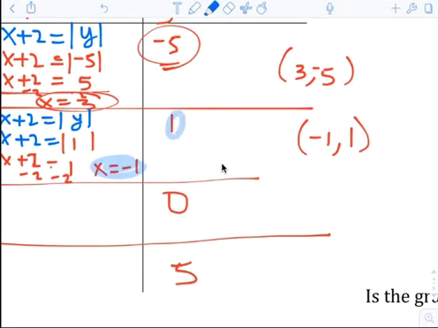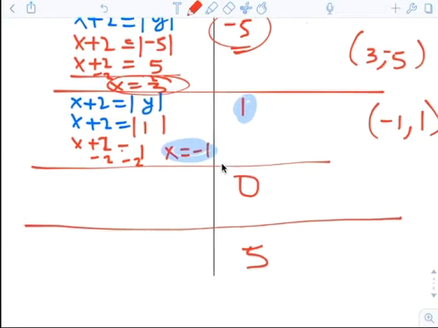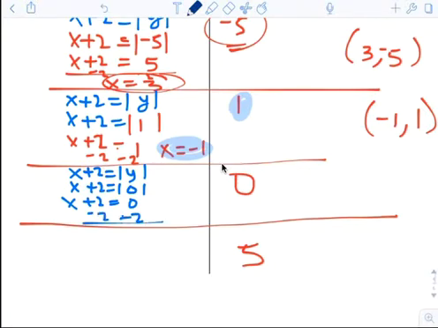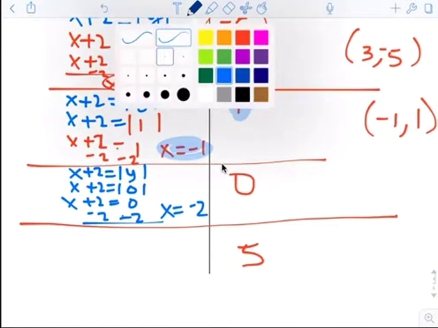Next one is 0. x plus 2 equals the absolute value of y. You put in 0. x plus 2 equals the absolute value of 0, which is 0. Minus 2, minus 2, then x equals -2. So your ordered pair then is -2, 0.